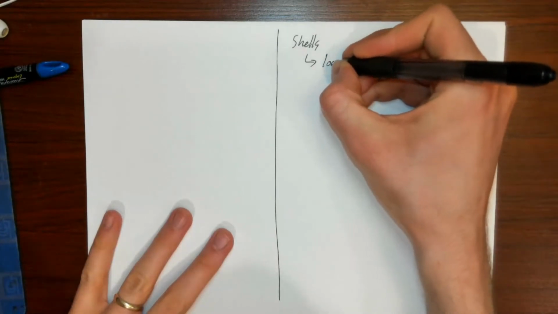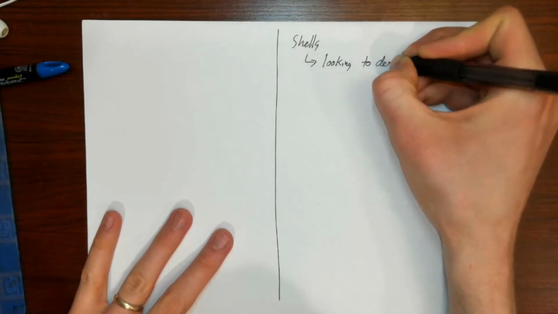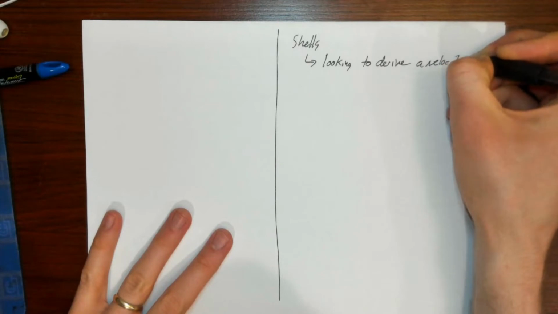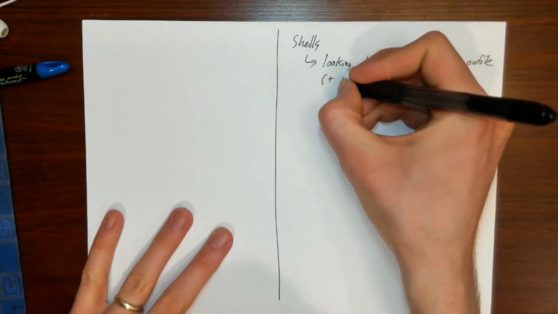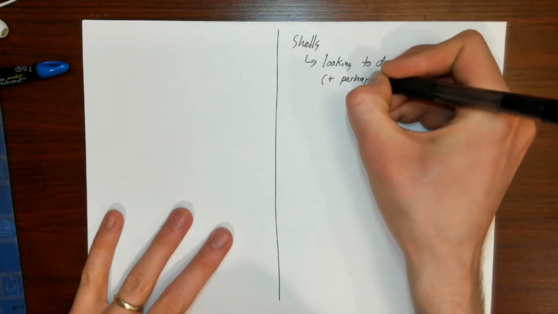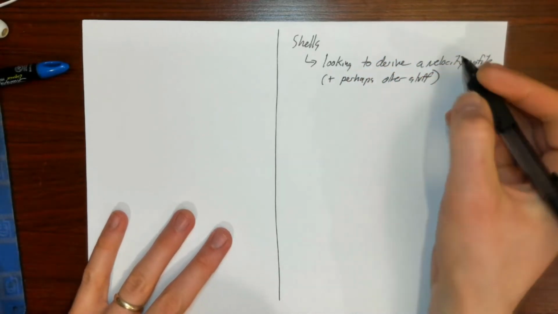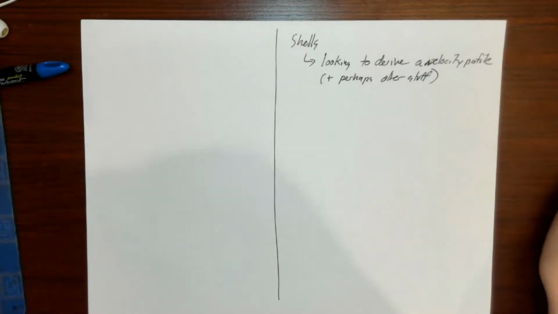So we're looking to derive a velocity profile and perhaps some other stuff that the velocity profile would enable.